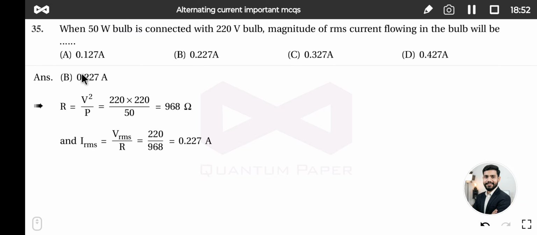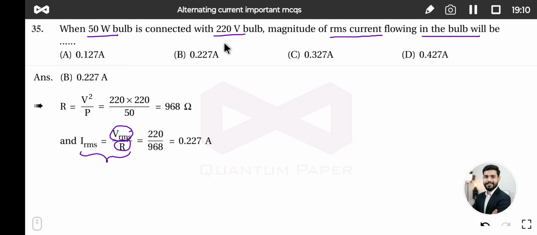Look at the next question. When a 50 watt bulb is connected with 220 volt, the magnitude of RMS current flowing in the bulb will be. So we have to find out RMS current. The formula we have, IRMS is equal to VRMS upon R. Resistance is not given, so we have to find out resistance first.